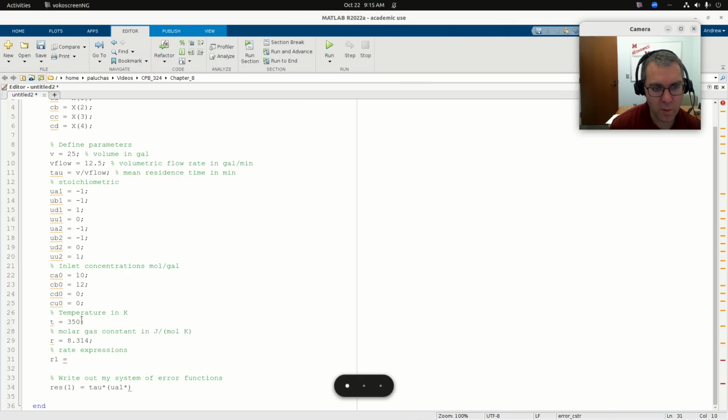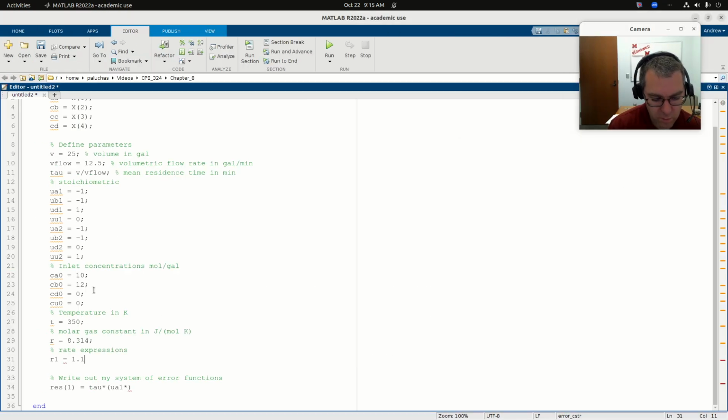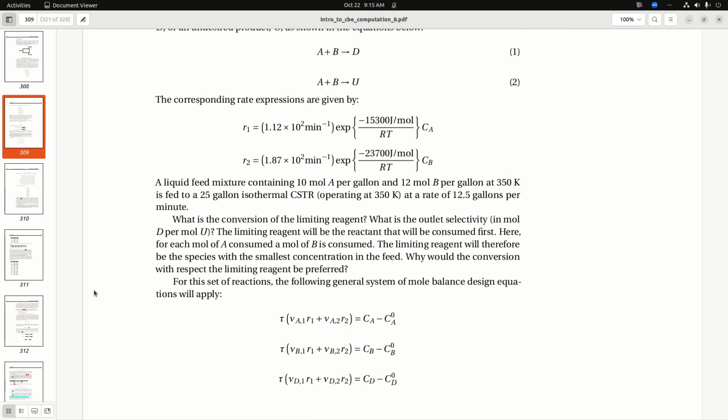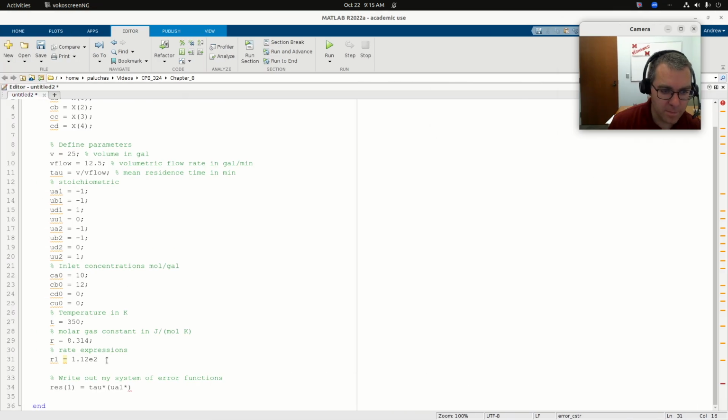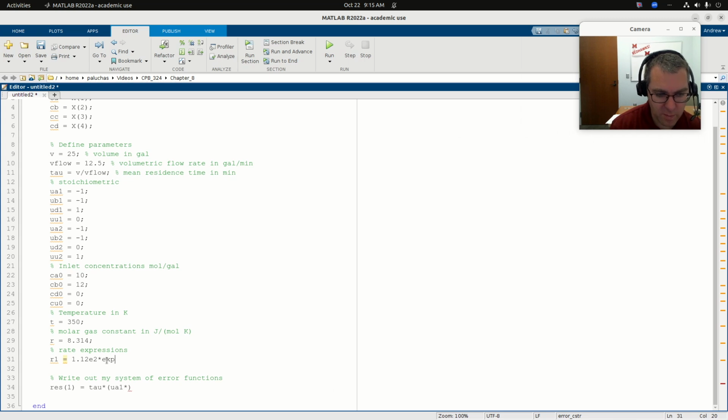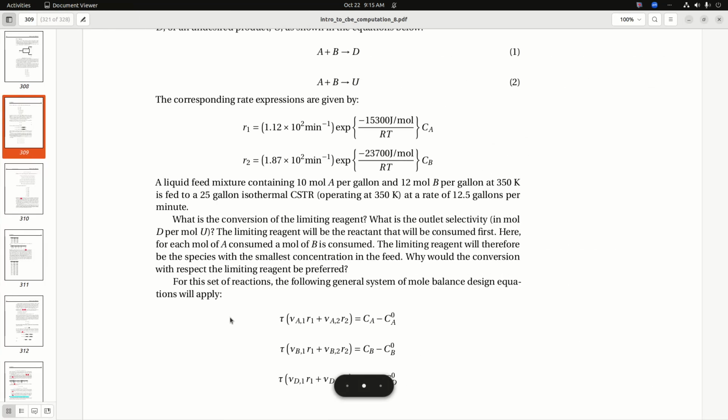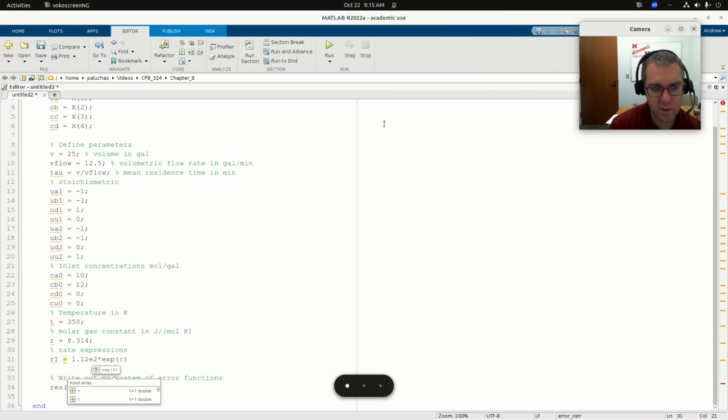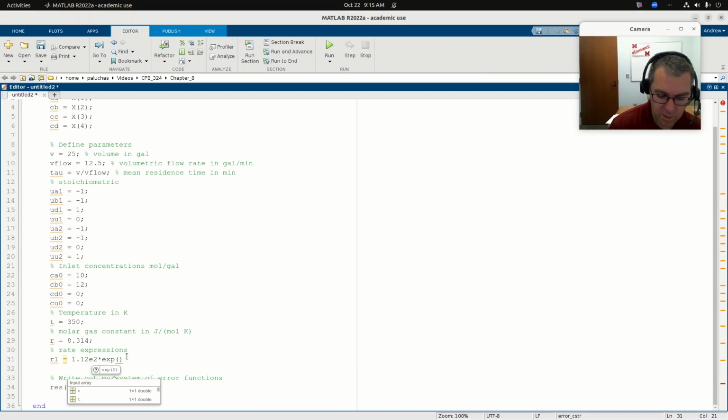So this is 1.12 e to the 2, right, 1.12 times 10 to the 2 times the exponential of negative 15,300 divided by R times T.